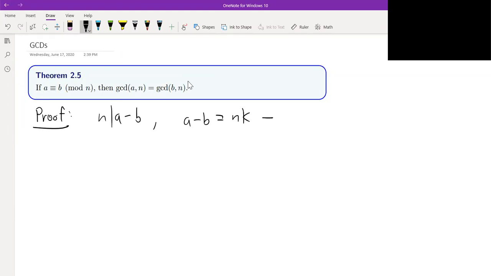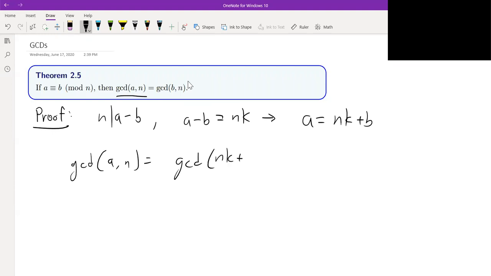And so we can write then that a is equal to nk plus b, essentially a remainder of b when divided by n. So we substitute this into our first GCD right here. So GCD of a and n is going to be equal to the GCD of nk plus b comma n. And since we've learned the Euclidean algorithm from previous lectures, we know that we can subtract one of these values from the other value until there's a remainder left.